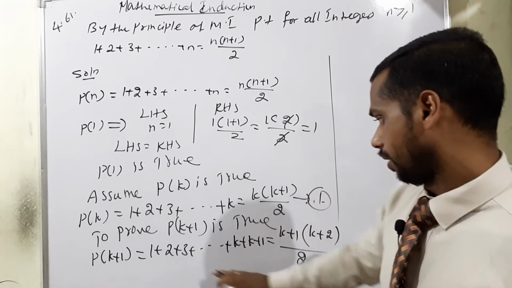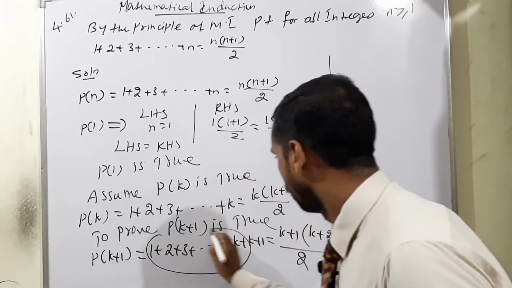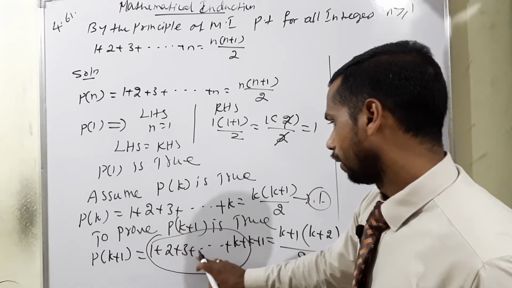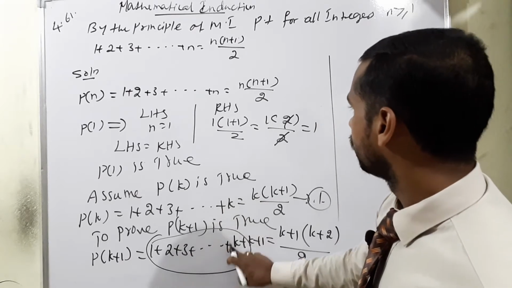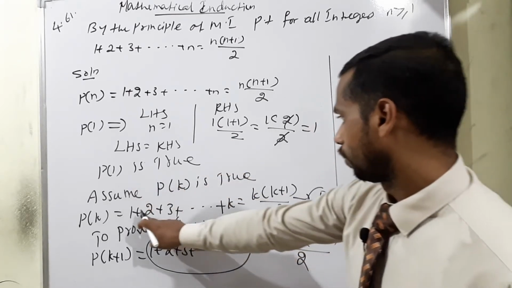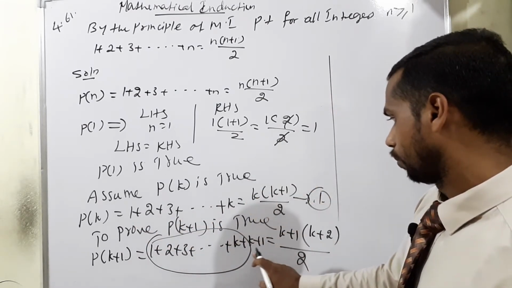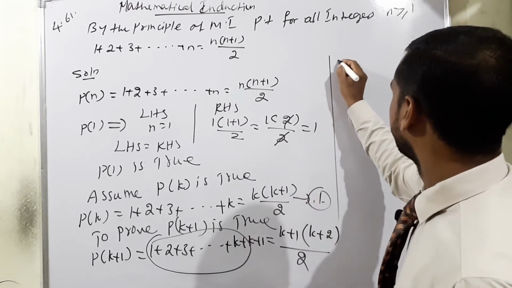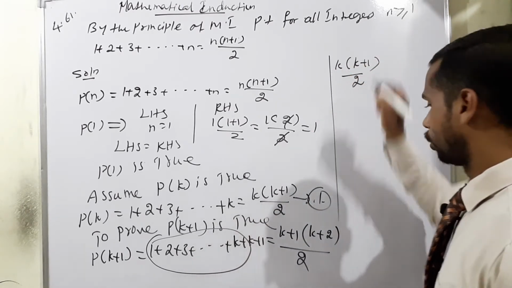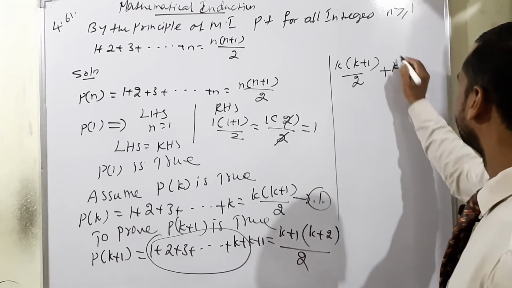So listen, already we know 1 plus 2 plus 3 plus dot dot dot plus k: assume P of k is true, which means it is equal to k into k plus 1 divided by 2. So instead of that part we can write k into k plus 1 divided by 2. Then another part, plus k plus 1, is there, isn't it?